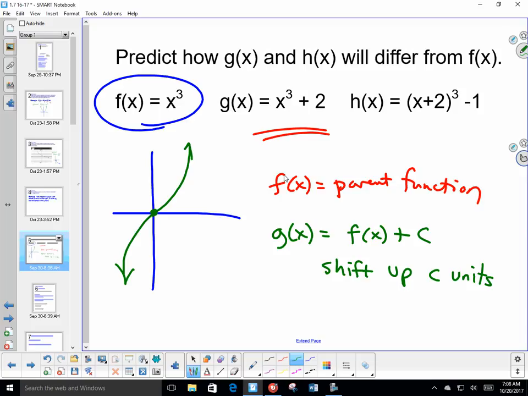And if it's a minus c, it would be a shift down c units.